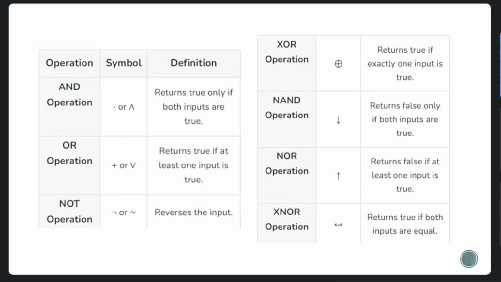And then XNOR returns true if both inputs are equal.